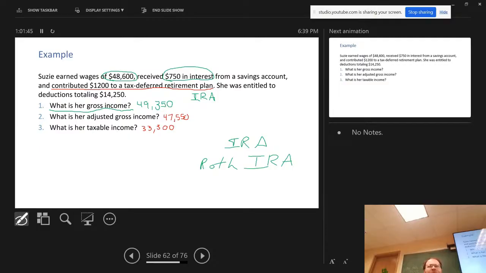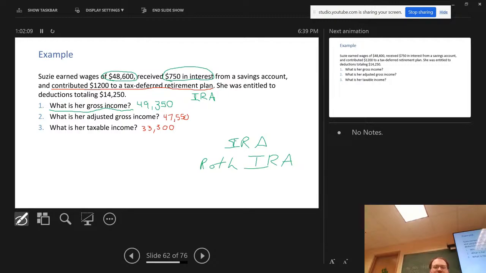Have you ever heard of a Roth IRA? Yeah? Okay. You know what the difference is between them? One before tax and the other one's after tax. Mm-hmm. Yep.